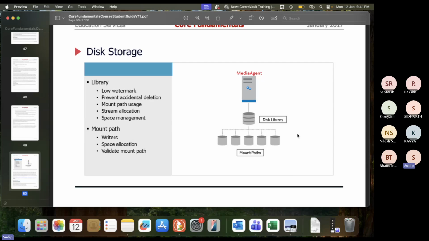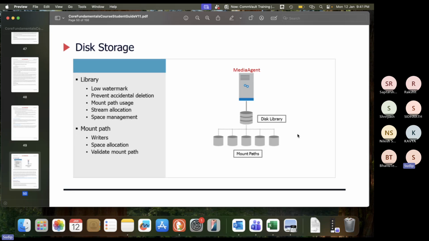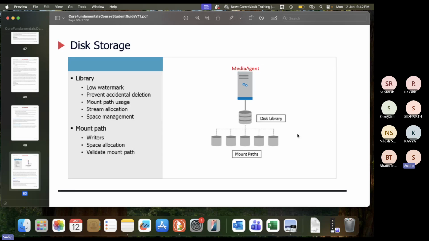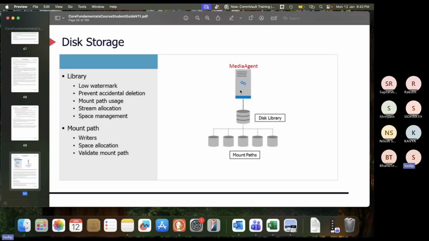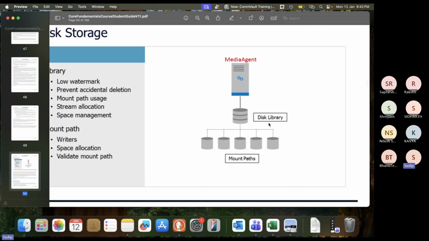So let's get started with the storage concepts relevant to backup and data protection. First thing: in Commvault terminology, any storage that you mount or share with the media agent, to treat it as a backup destination, the end destination where the backup copy needs to be stored, is called a disk library.